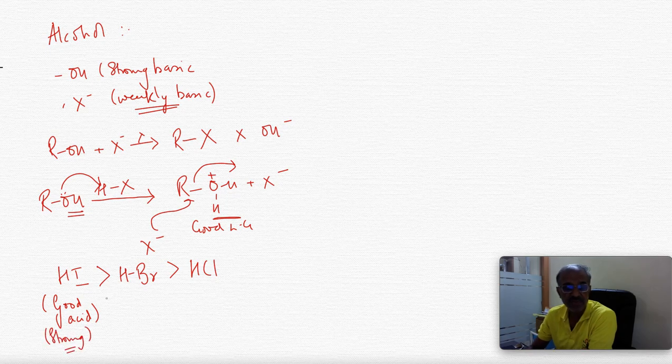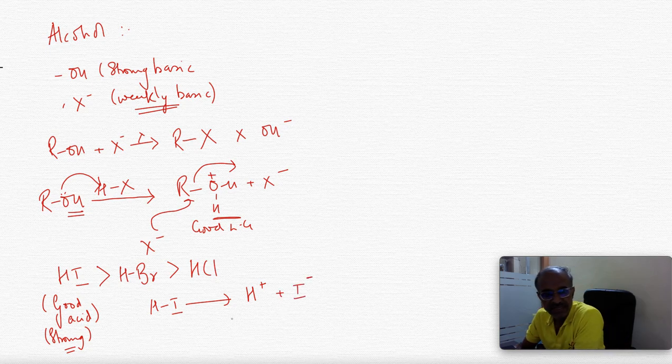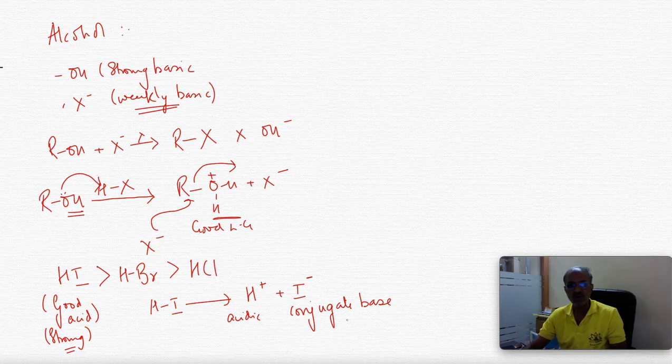It is a very strong acid because it can easily part off as H plus and I minus. This is acidic, but this is the conjugate base. And if this is a strong acid, then the conjugate base has to be very weak.